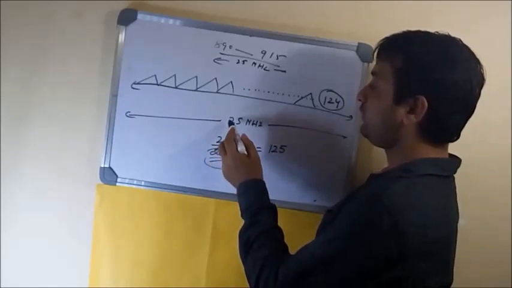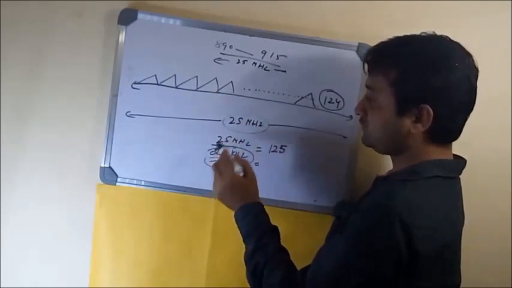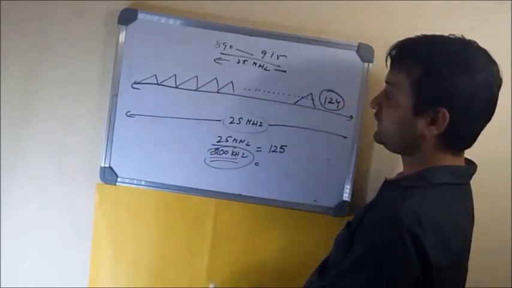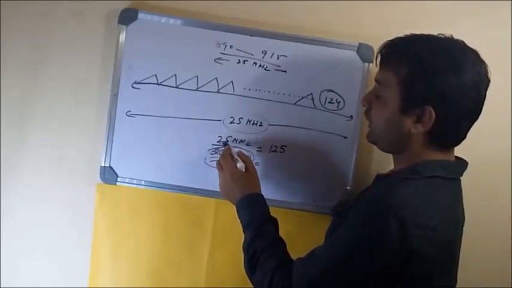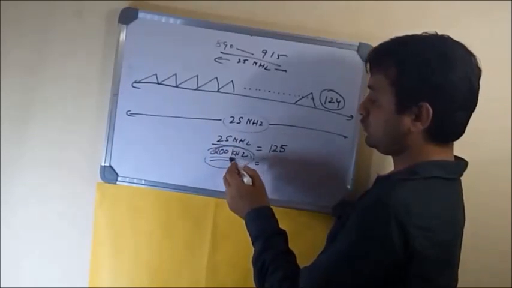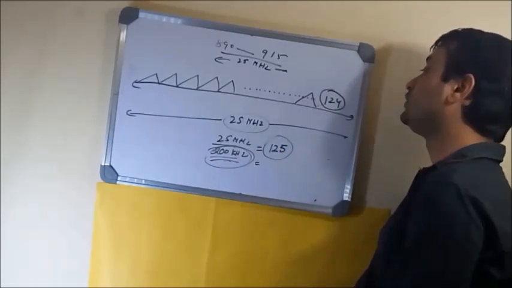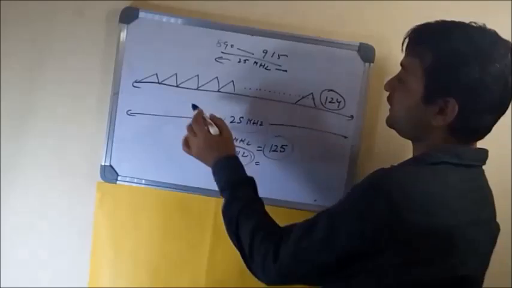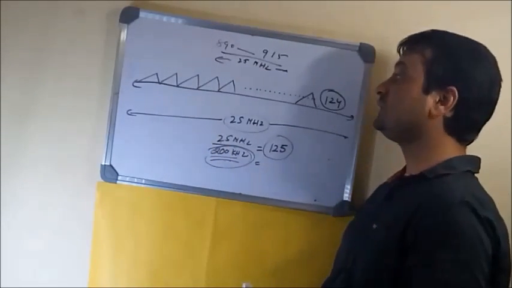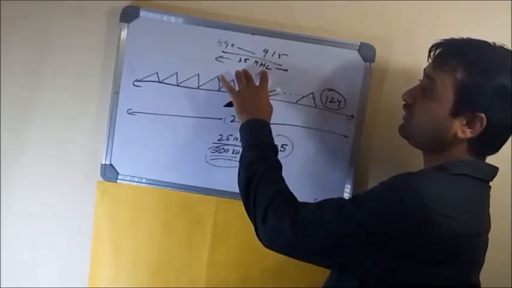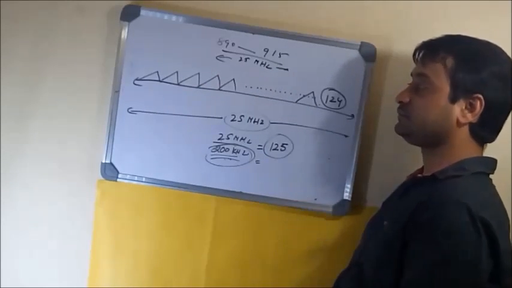So we have a total band length of 25 megahertz, and each channel length is 200 kilohertz. If you divide 25 megahertz by 200 kilohertz, we get 125. So there are 124 channels available, or 124 different frequencies in the range of 25 megahertz, available for sending the data.